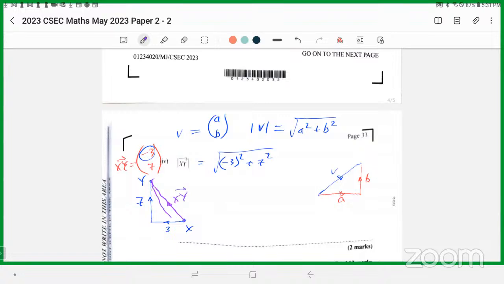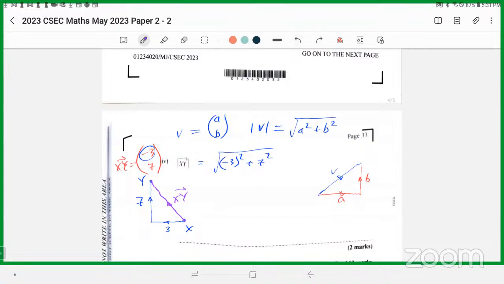And so if you want to find the length of this line, based on Pythagoras' theorem, it becomes the square root of 3 squared plus 7 squared. That is why I'm saying you don't have to put the negative here, because the negative is just indicating that you're going to the left. That's all.